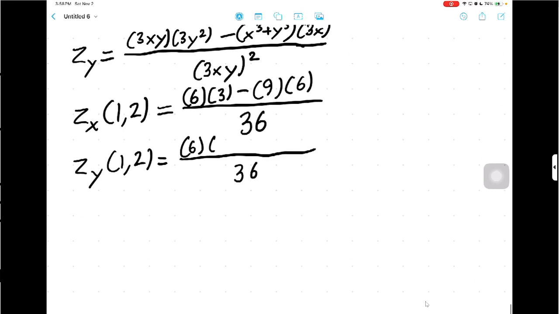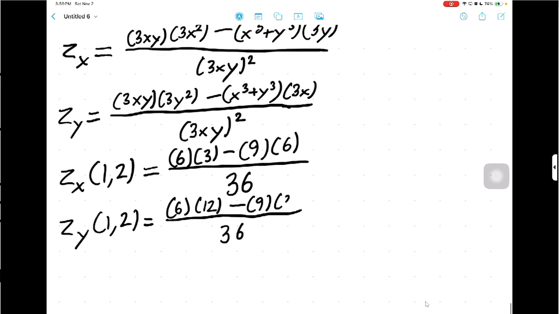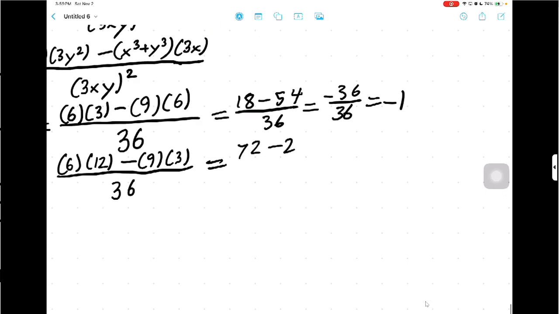That's going to be 12 minus a 9 times 3. 18 minus 54 over 36. This is equal to negative 36 over 36, or negative 1. 72 minus 27 over 36 for the other one. This is equal to 45 over 36, which is 5 over 4.